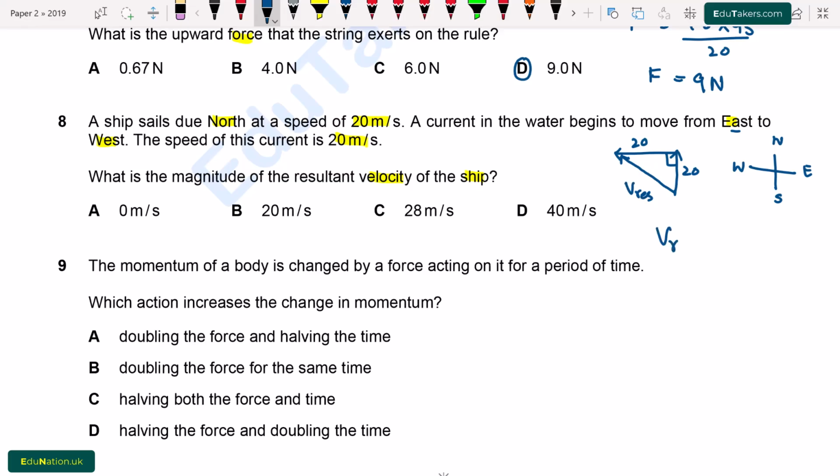So I write here it will be equal to square root of 20 square plus 20 square. Then V resultant will be equal to square root of 800, which is approximately equal to 28 meter per second. From here, option C is correct.